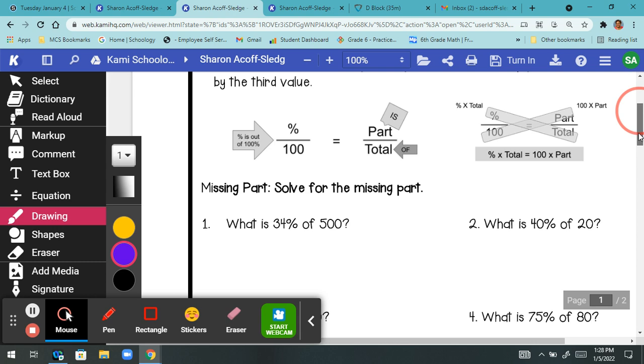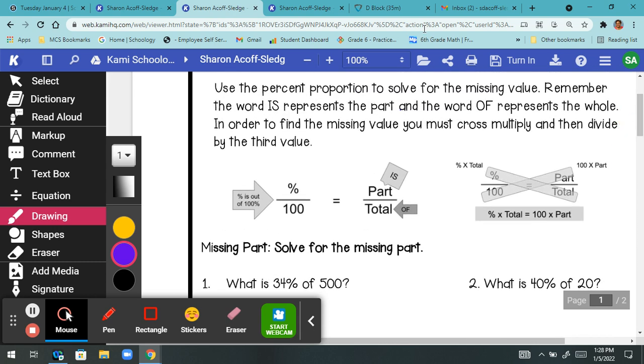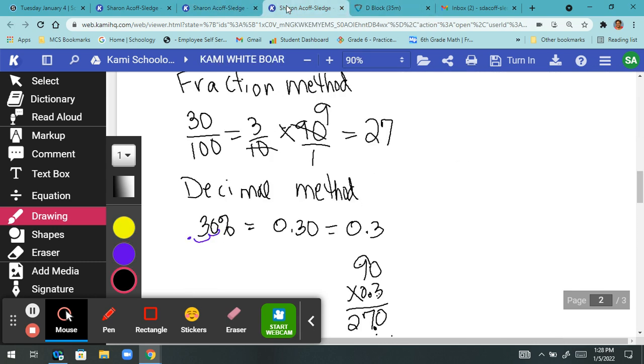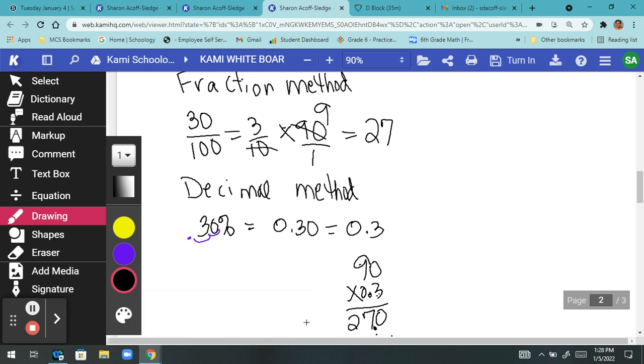Now the sheet that we're passing out, we're going to do this part. Do I need to go back to the other one? I'm recording. I'm recording.